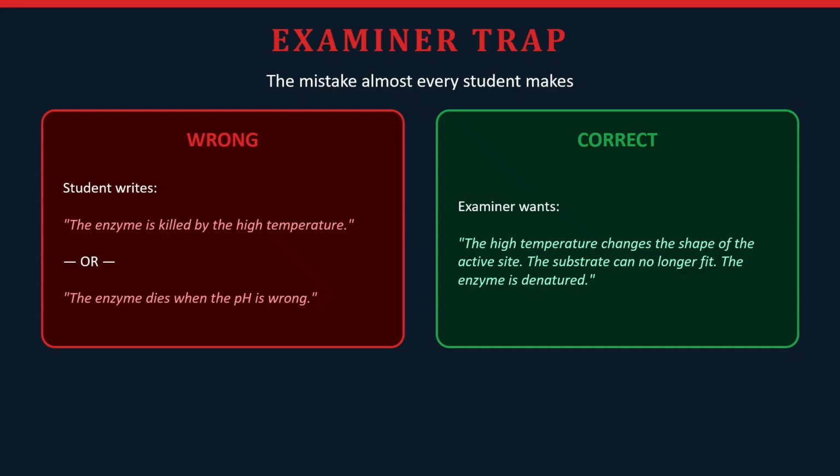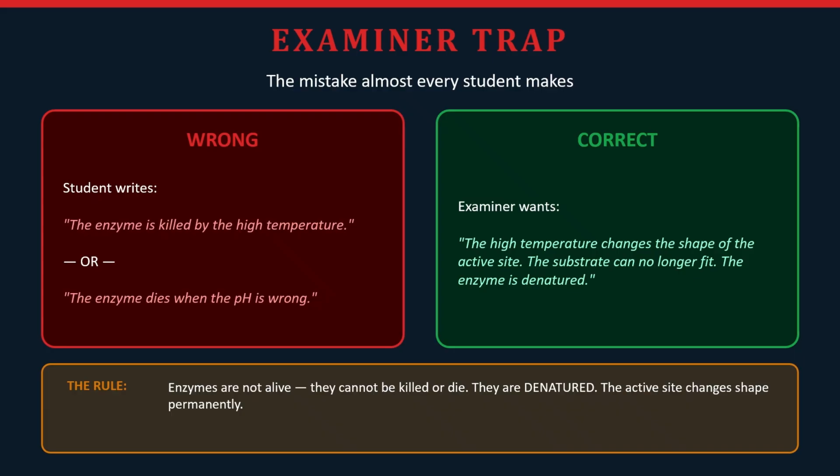This is called denaturation. The enzyme is denatured. This is the word you must use. Not killed, not dead. Denatured. Same rule applies for extreme pH. Because if the enzyme is denatured, it will not perform its function.